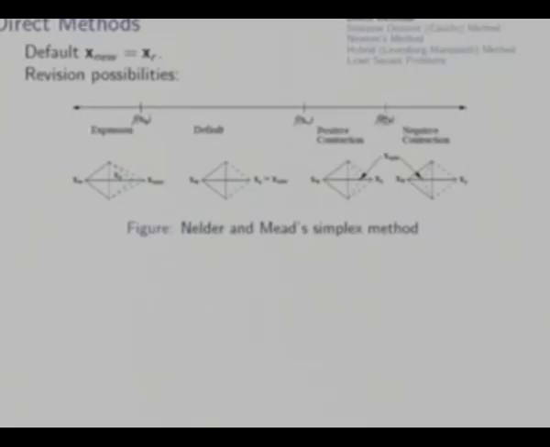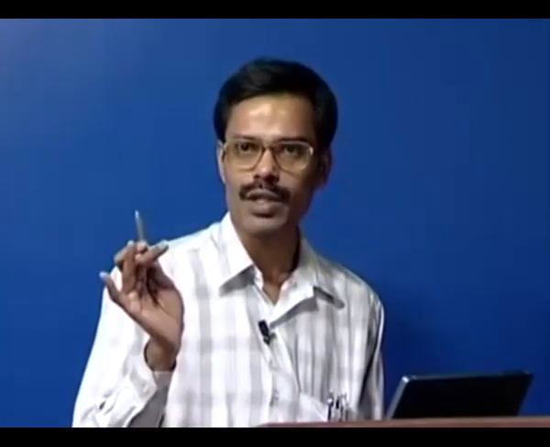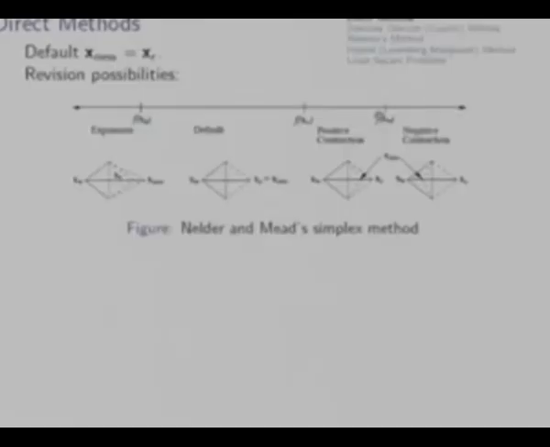On the other hand, if we find that the function value is between xs and xw, that is, it is better than the worst point but worse than the current second worst point, that means it is not a great idea to go all the way to xr, because the moment we accept this and form the new simplex, this newcomer will be ready for expulsion, because after the xw point is replaced with this, this will become the worst point, because it is worse than the second worst point.